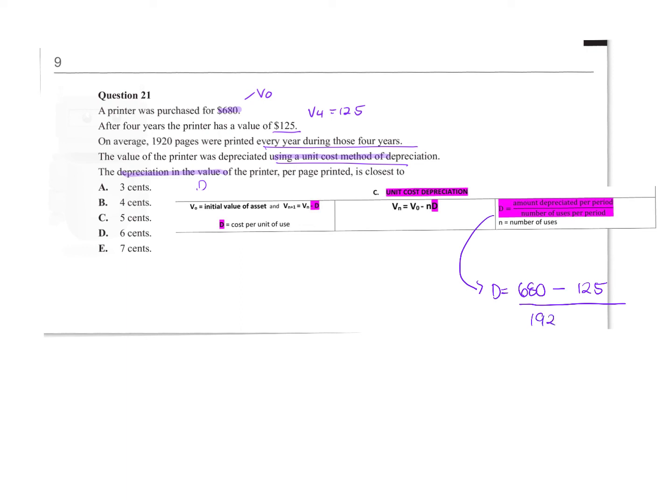Now, it was over 4 years, so it's told me that every year it printed that amount. So when you work that out, it's probably going to be in a dollar amount. So, okay, so I get that to be 0.07. So that's in dollars. So what is it? So 7 cents.